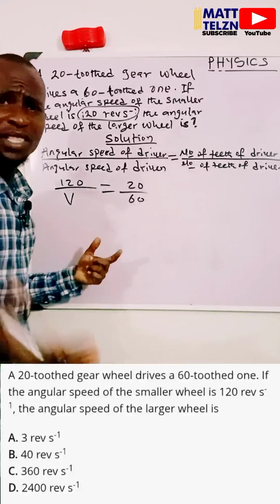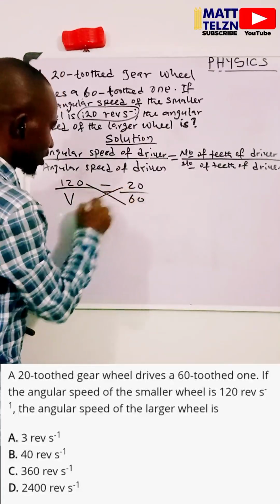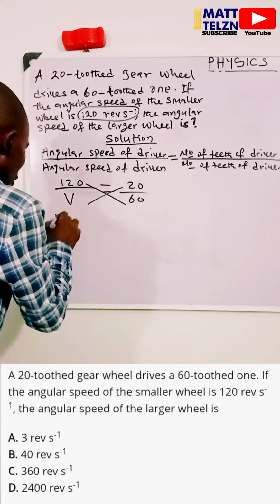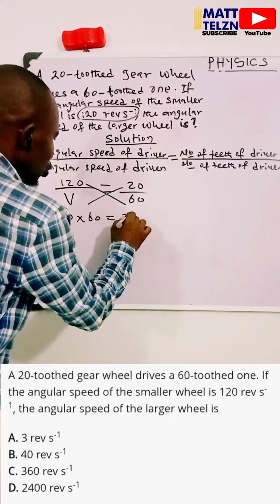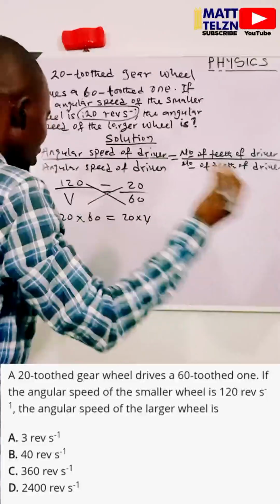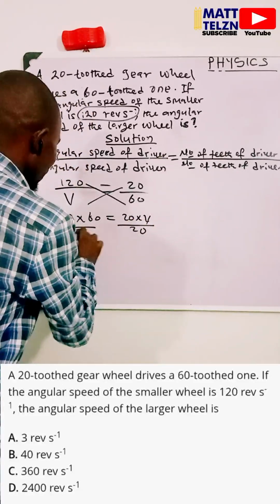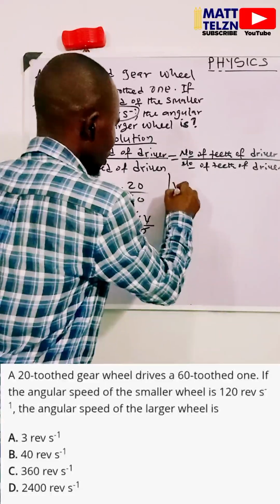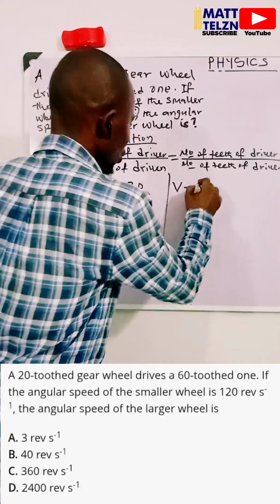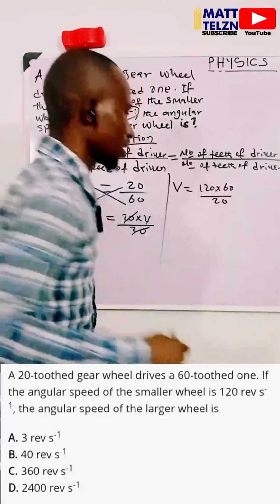Good. You see, very simple mathematics. Cross multiply: 120 times 60 equals 20 times V. Divide both sides by 20 to make V stand alone. So V is equal to 120 times 60 divided by 20.